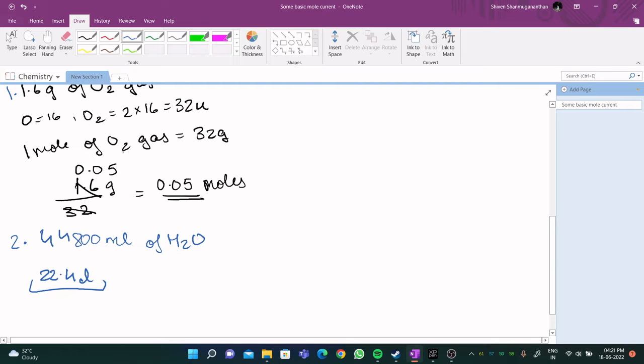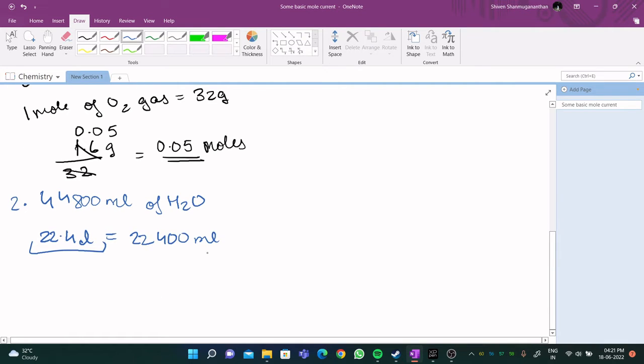So if you convert this, you get 22400 ml. From here on, this would be pretty simple as well. You take the volume given to you, 44,800 divided by 22,400. You can see we have 2 moles of water.